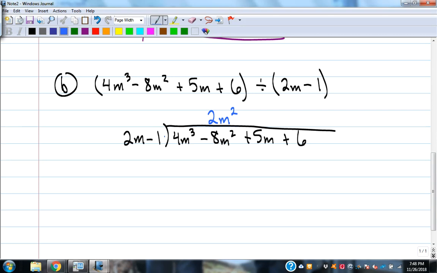What do I do with that? Multiply it back. So 2m squared times 2m is 4m cubed. Should always match that piece that's in front. If it doesn't, you're not doing it right. Okay? Then 2m to the second times negative 1 would be negative 2m squared. Parentheses, subtract.